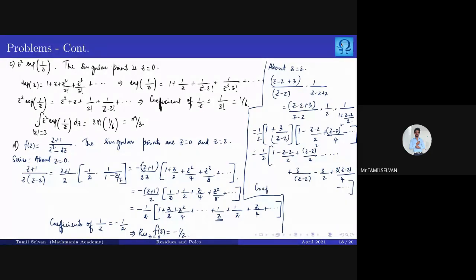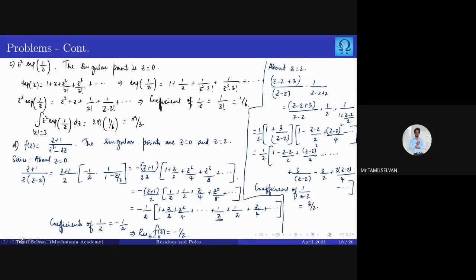Now I'll have to find out the coefficient of 1 upon z minus 2, and that is equal to what? Simply 3 here and 2 here, that is 3 upon 2.